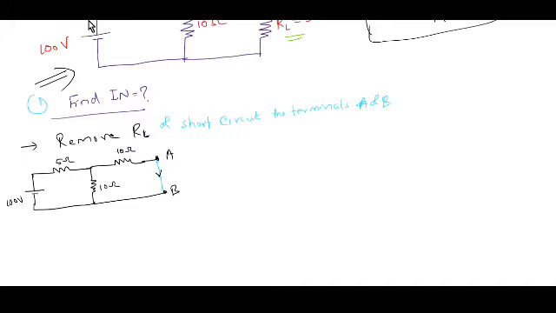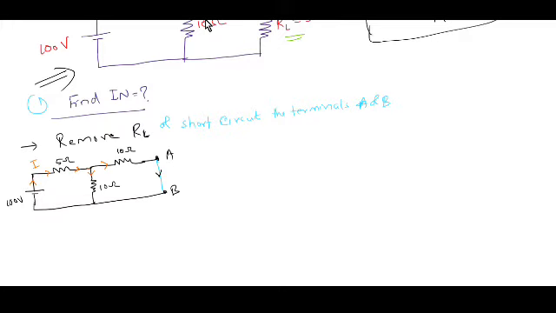For this, first we have to consider the different loops. Let me start from here. From the positive terminal of the battery, current starts to flow in this direction. This current is denoted by I. After reaching this junction, it has two paths, one is this one, another one is this one.